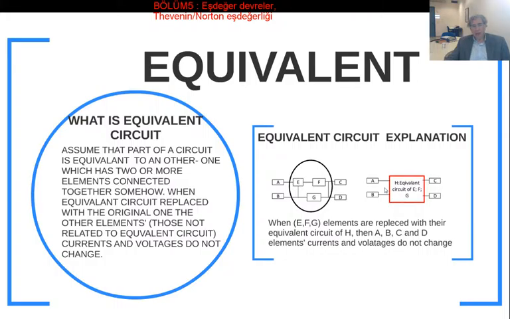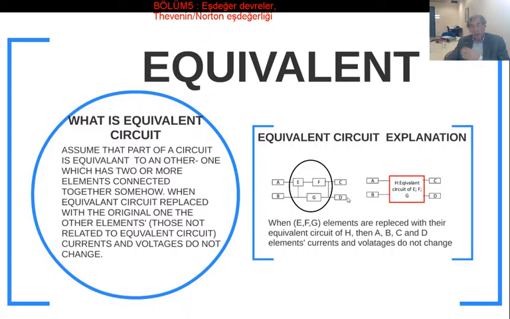So if we replace those three elements with this H1, which is done here, the other elements within the original circuit, A, B, C, D, and in this circuit, the other elements, those not included in the equivalent circuit, so these A, B, C, D in both circuits are not included in the equivalency.